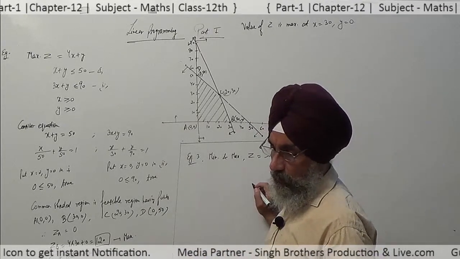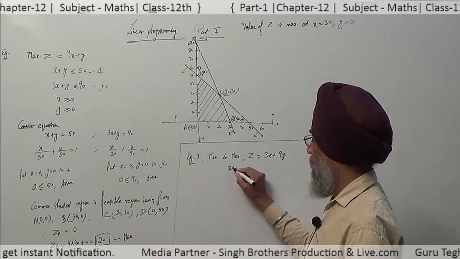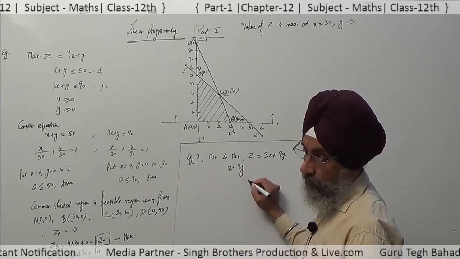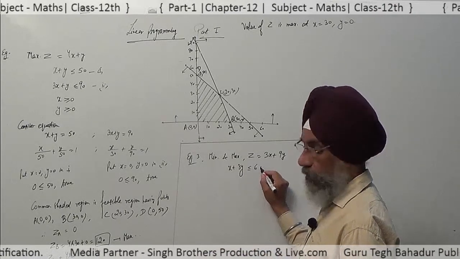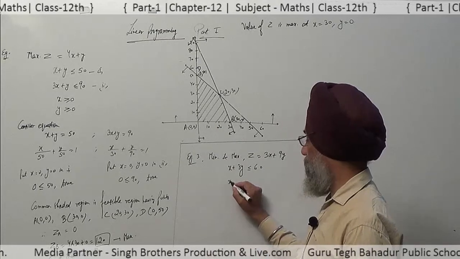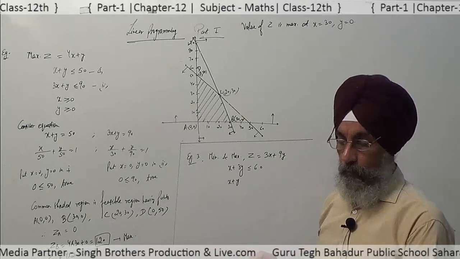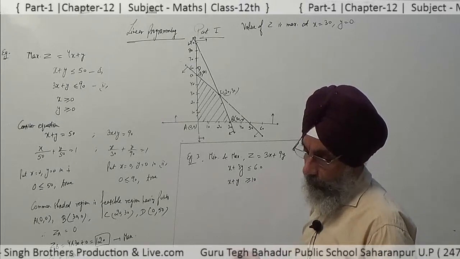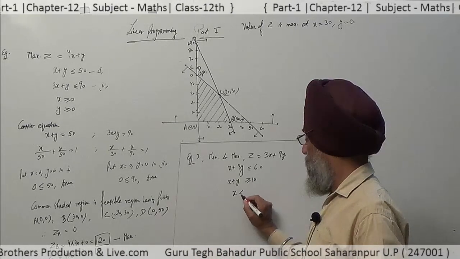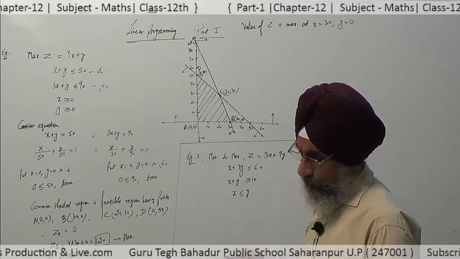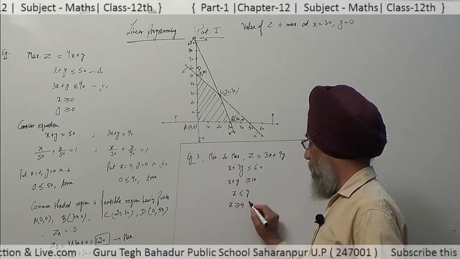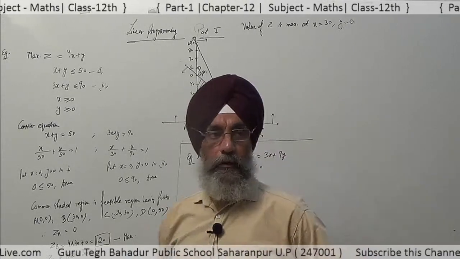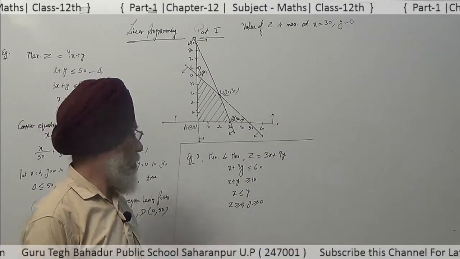The given inequations are x plus 3y less than or equal to 60, x plus y greater than or equal to 10, x is less than or equal to y, x is greater than or equal to 0 and y greater than or equal to 0.